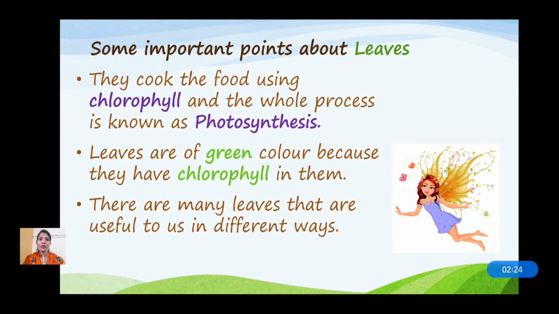Now some important points about leaves. They cook the food using chlorophyll and the whole process is known as photosynthesis. Okay, now why are they able to prepare their own food? Because leaves are of green color because they have chlorophyll in them.